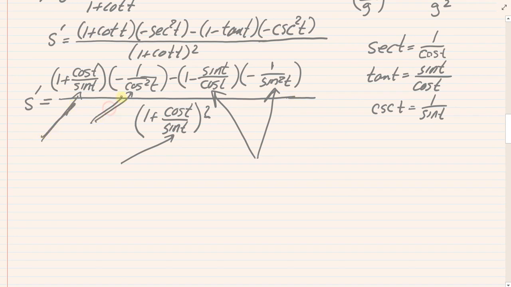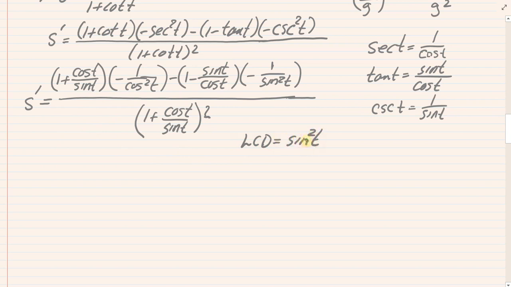Sine t, cosine squared t, sine squared t in the denominator, and cosine t sine squared t in the numerator. The LCD of all of those is not quite their product, but it's definitely going to have sine squared t.